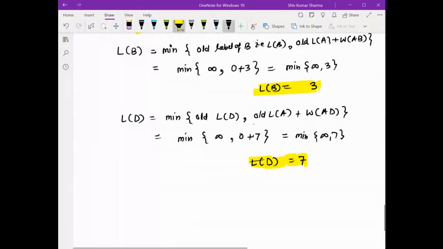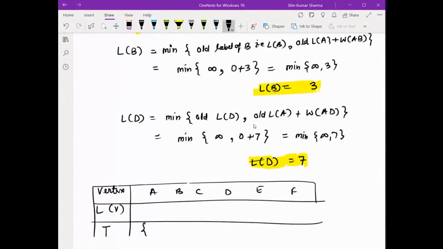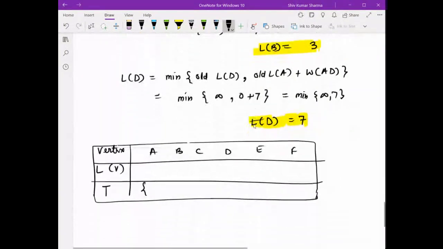So we draw the same table, that means next, vertex A, B, C, D, E and F, and corresponding we write the level of each vertex, and here we write the T. T means set of the vertices. So level of A is 0, permanent level.